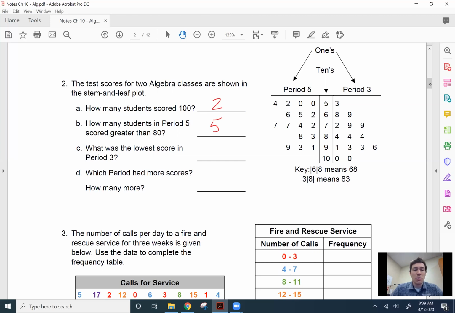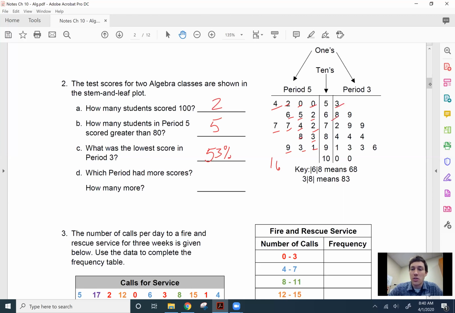What was the lowest score in period 3? Period 3, lowest was a 53. Which period had more scores? How many more? So period 5 had 1, 2, 3, 4, 5, 6, 7, 8, 9, 10, 11, 12, 13, 14, 15, 16 total scores.